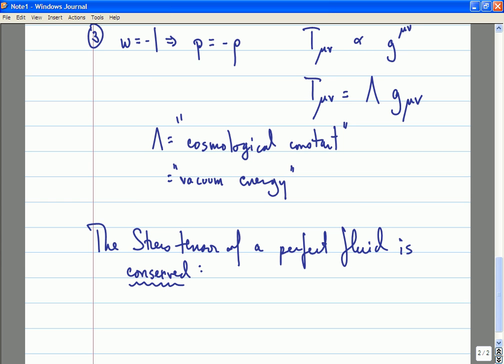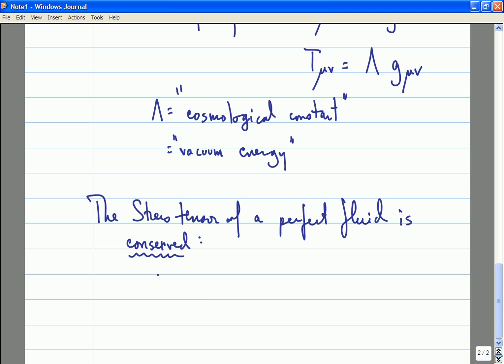So, how is this equation written? Well, the covariant derivative of the stress tensor, where you contract one of the indices of the stress tensor with the derivative, is equal to 0. And this is the relativistic version of the equation which says that the stress energy is conserved.